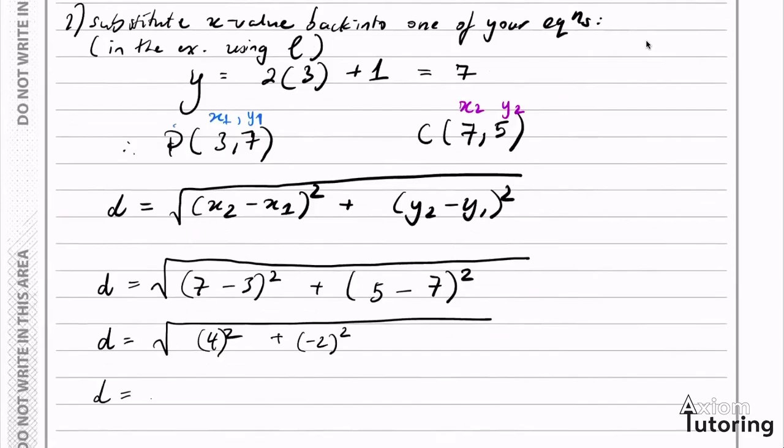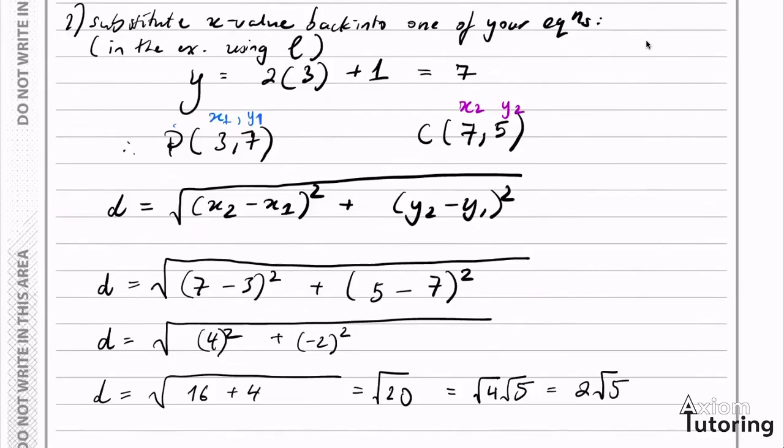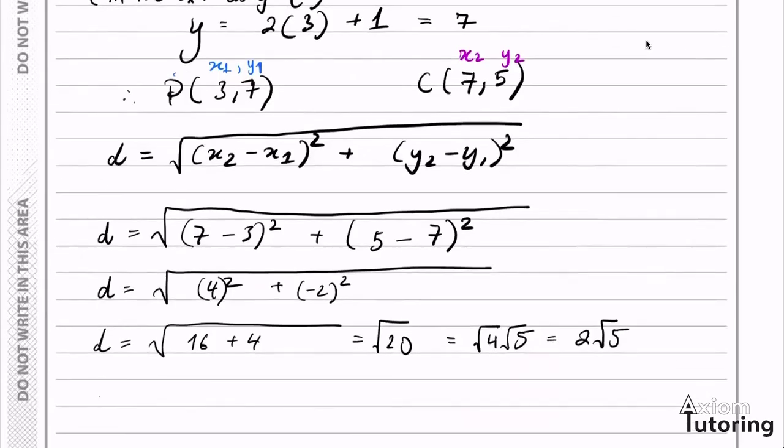So D is root of 16 plus 4, that's D equals root 20. We can simplify that a little bit. Root 20 is root 4 times root 5, which is 2 root 5. So the distance, which is equivalent to the radius r, is 2 root 5. If we want r squared, that's just 20.